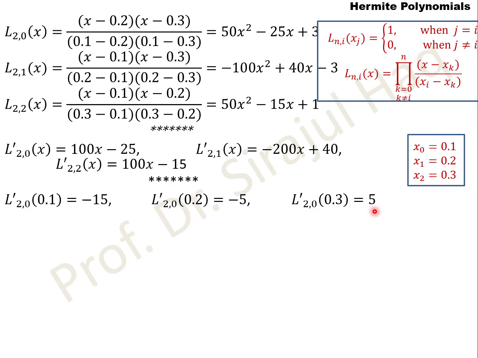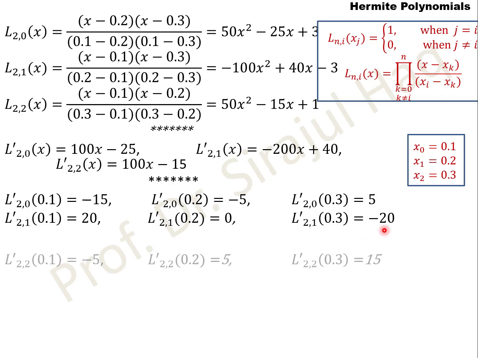We are getting 5. Now let's come to L2,1 prime. Replace x by x naught, which is 0.1, we are getting 20. Replace x by x1, which is 0.2, we are getting 0. Replace x by x2, which is 0.3, we are getting from this expression minus 20.